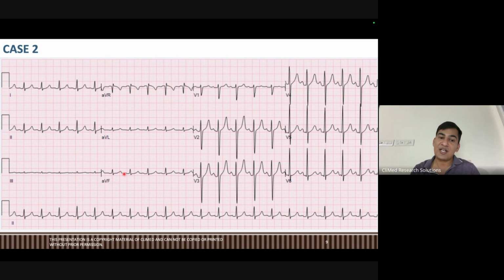Here check the others: clear P wave, clear P wave, clear P wave, here clear P wave, right? If the P wave is absent in AF phenomena like atrial flutter or atrial fibrillation, it will be absent from all the waves. That is what you have to understand.